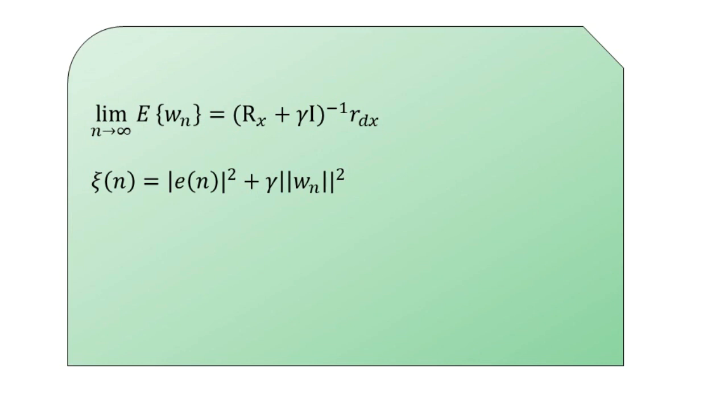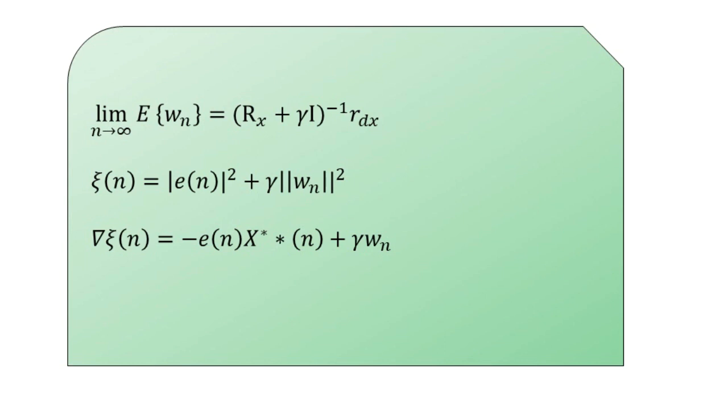Now the gradient of zeta(n) here we denote with the help of del zeta(n), that is equal to minus of the error signal e(n) into the complex conjugate of x(n) added by gamma into w_n.